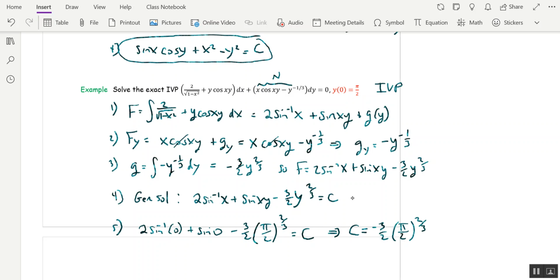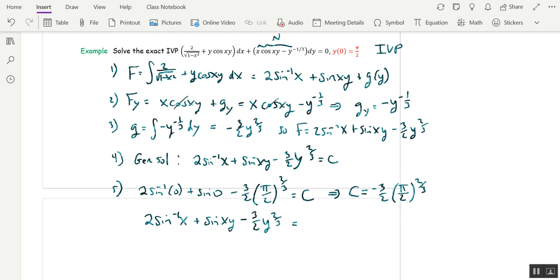So just take that and plug it back into your general solution, and that'll give you the IVP solution. 2 sine inverse of x plus sine xy minus 3/2 y to the 2/3 equals C, but C is negative 3/2 pi over 2 to the 2/3.